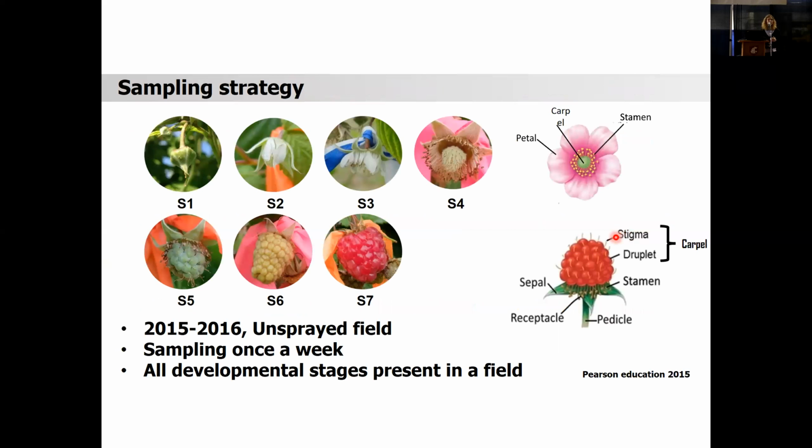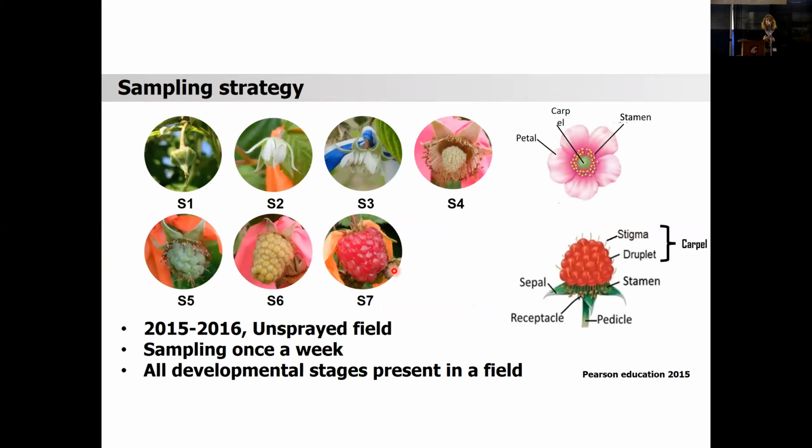So first, we looked at the development of red raspberries and divided the whole process into 7 developmental stages, starting from closed green buds all the way to ripe fruit, in order to find out at which of these stages most of the colonization by the fungus happens.